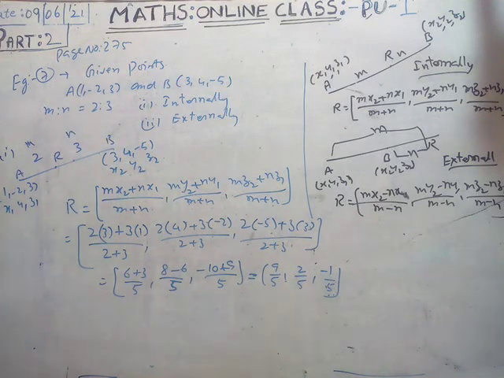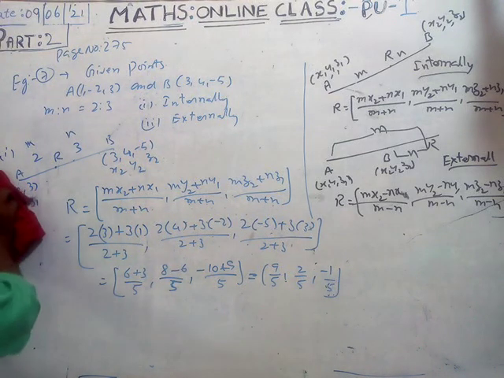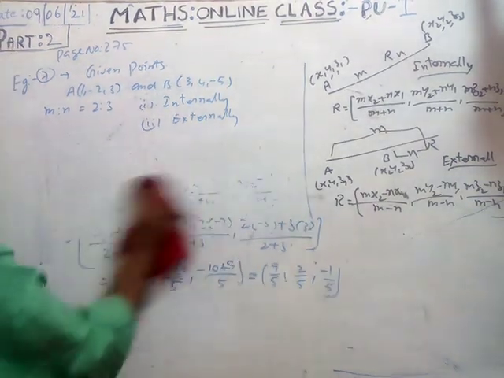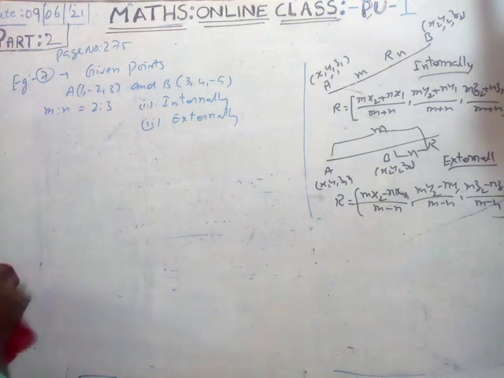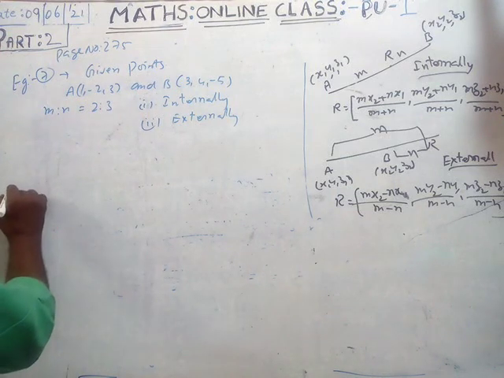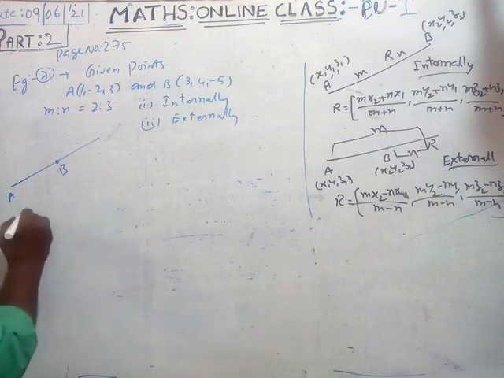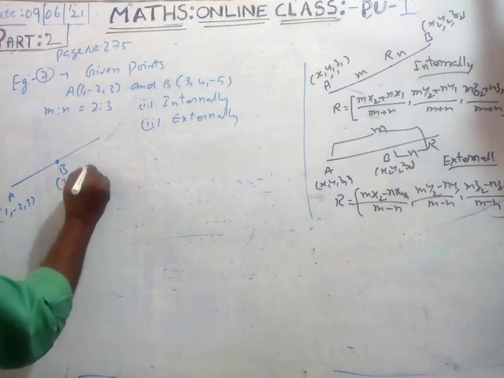Now the second one. I will draw the second problem diagram. This is A and this is B. A is (1, minus 2, 3) and B is (3, 4, minus 5).